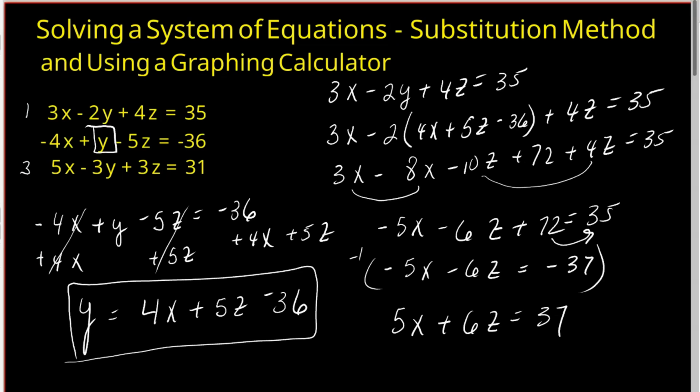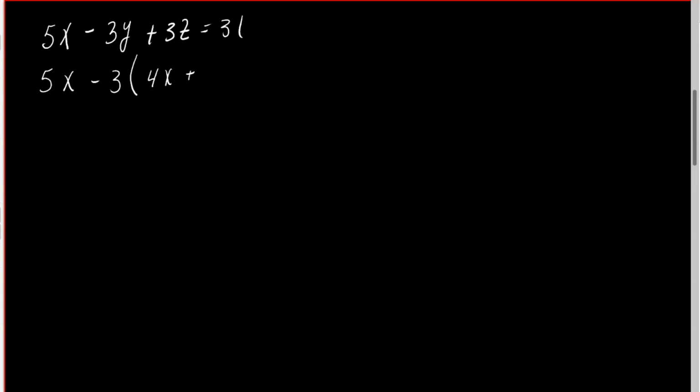Let's do the same thing for the next equation. Okay, so the next equation is 5x minus 3y plus 3z equals 31. I want to substitute for my y. So it's 5x minus 3 times y, and y is 4x plus 5z minus 36, plus 3z equals 31.